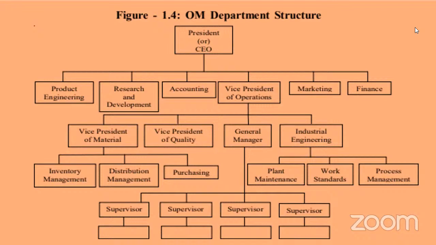In these levels, the workflow and responsibility of the downline people will be comparatively more than the top level. Authority flows from top to bottom, and responsibility flows from bottom to top.